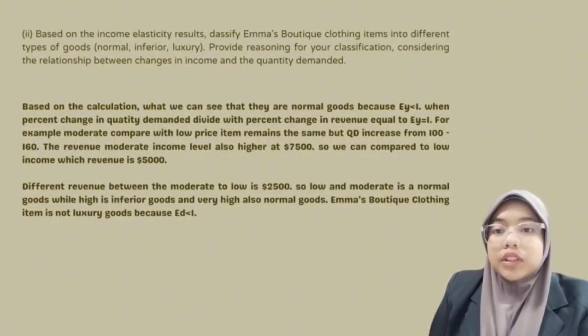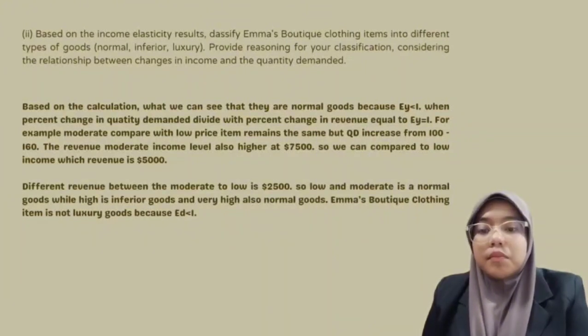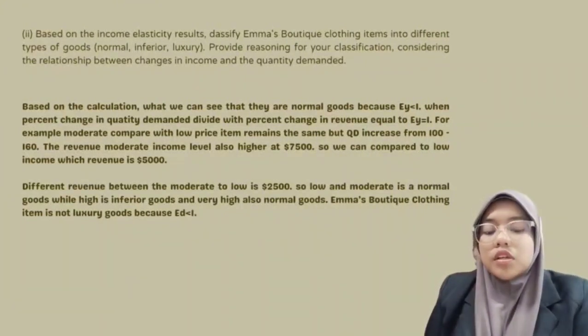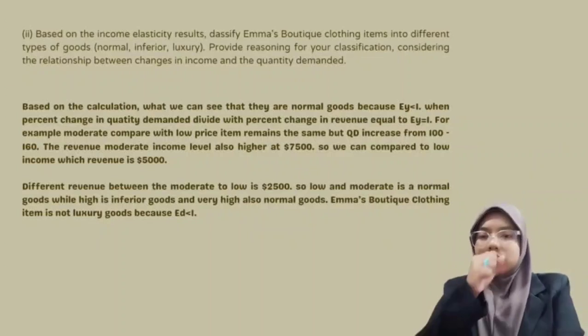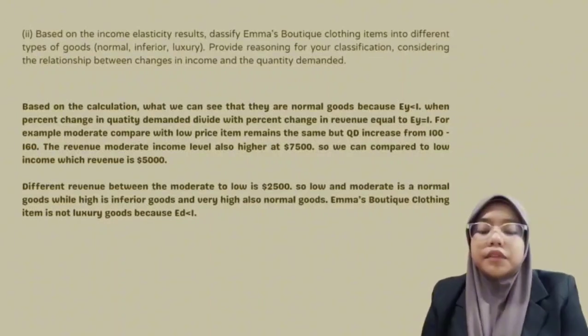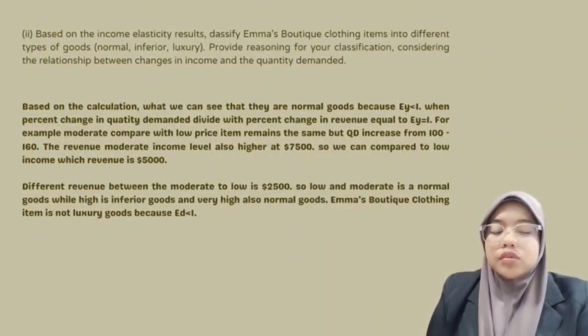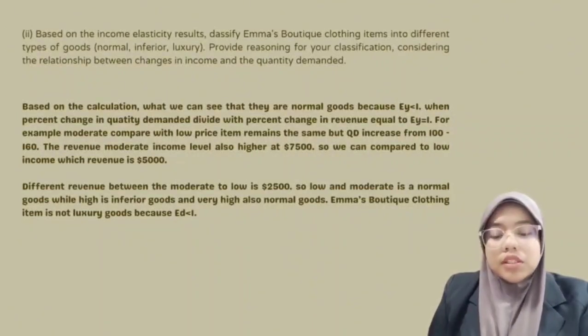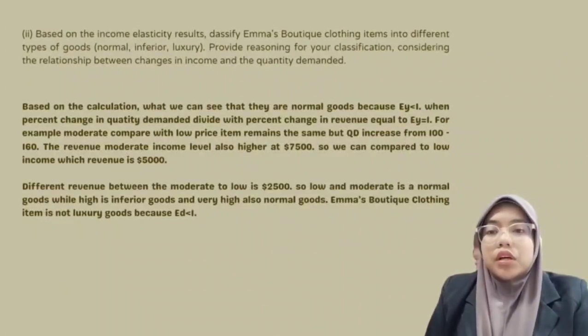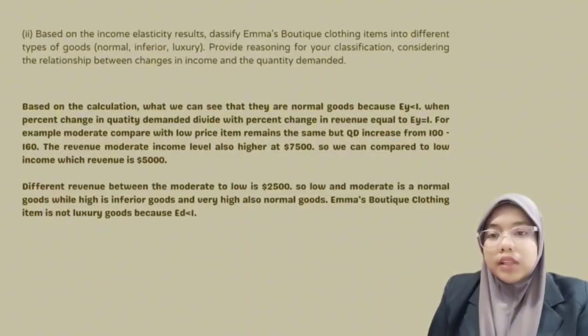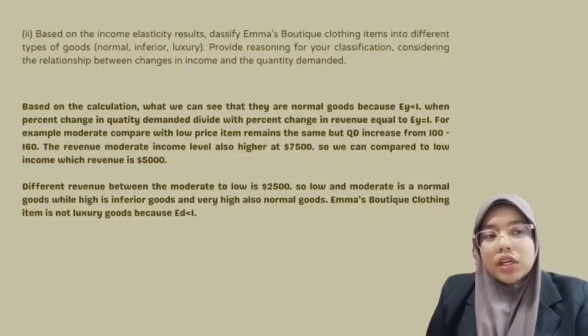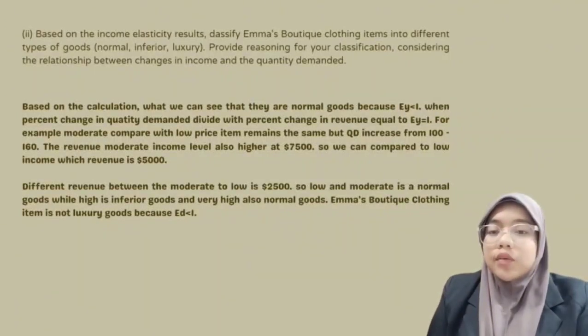The revenue at moderate income level is also higher at 705,000, compared to low income, where revenue is 5,000. The difference in revenue between moderate and low is 205,000. So low and moderate are normal goods, while high is an inferior good, and very high is also a normal good. Emma's boutique clothing item is not a luxury good because elasticity of demand is less than 1.